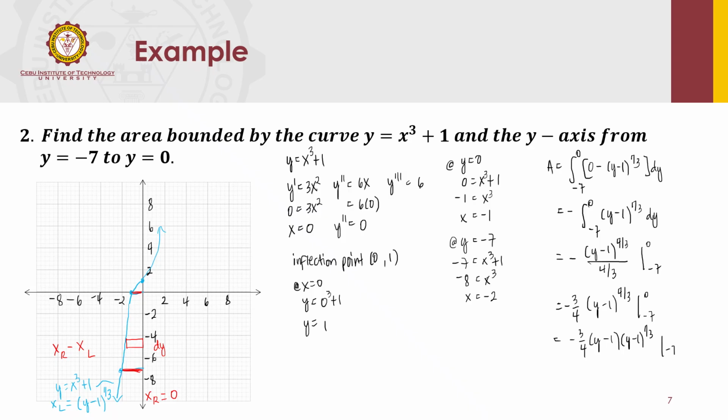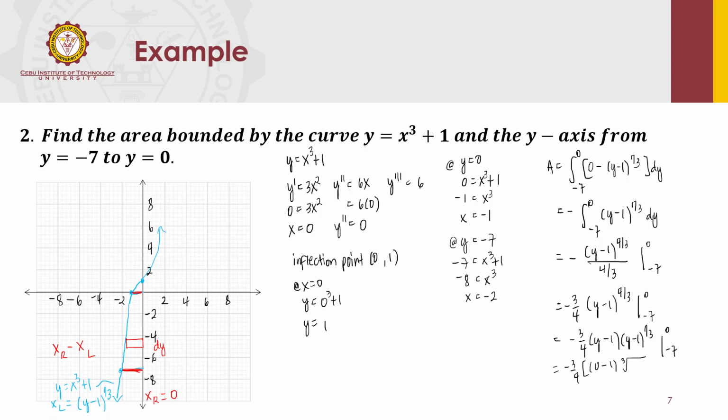Okay, so at x equals, or rather y equals 0, that's 0 minus 1, and let's just write it as cube root. I think it would be easier.